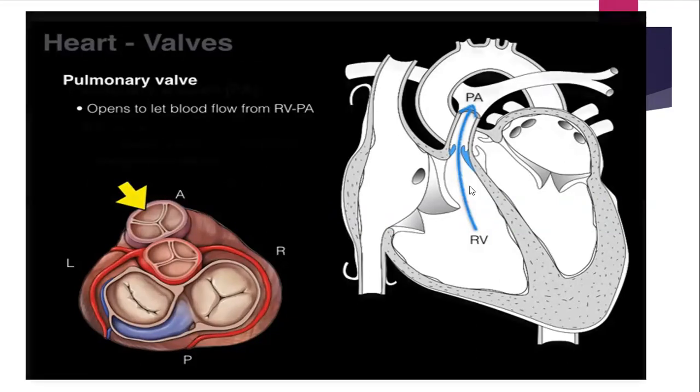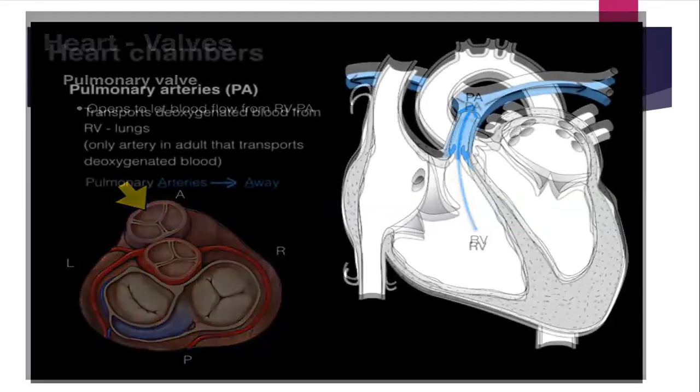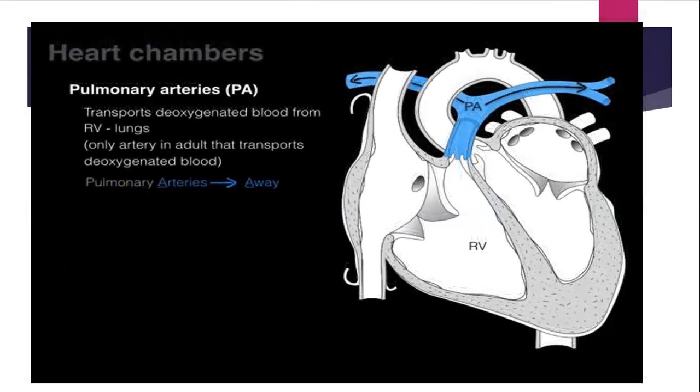Then you can see the pulmonary arteries, how they move around, transporting the deoxygenated blood from the right ventricle to the lungs, and they are the only arteries that transport deoxygenated blood. Then the pulmonary artery branches away.